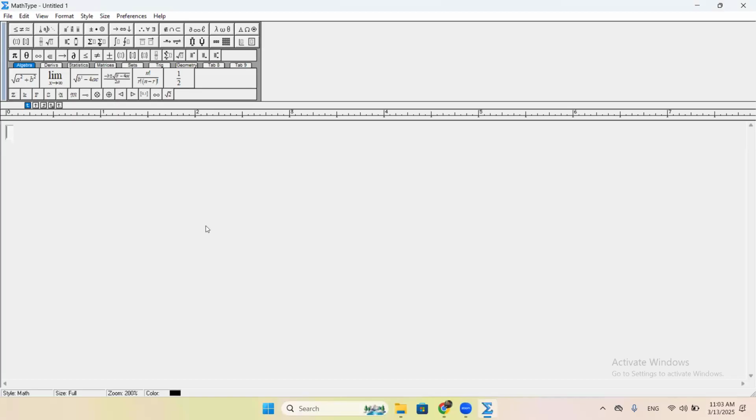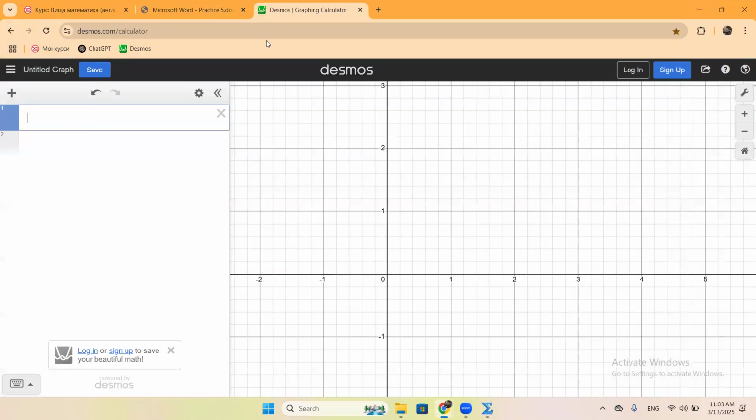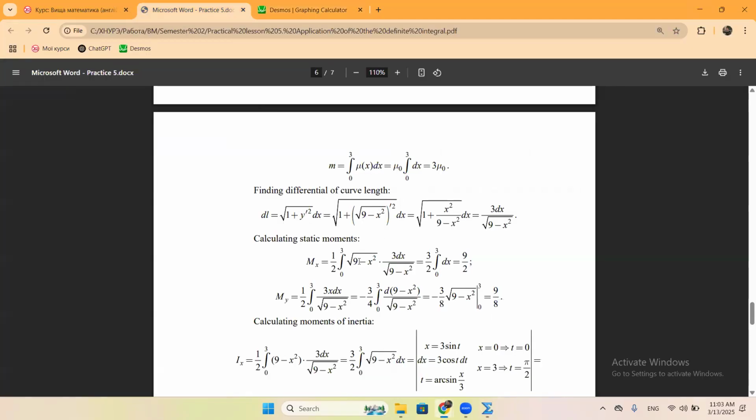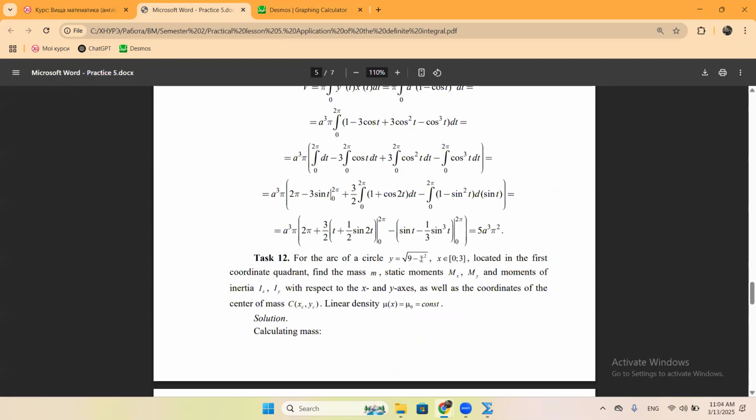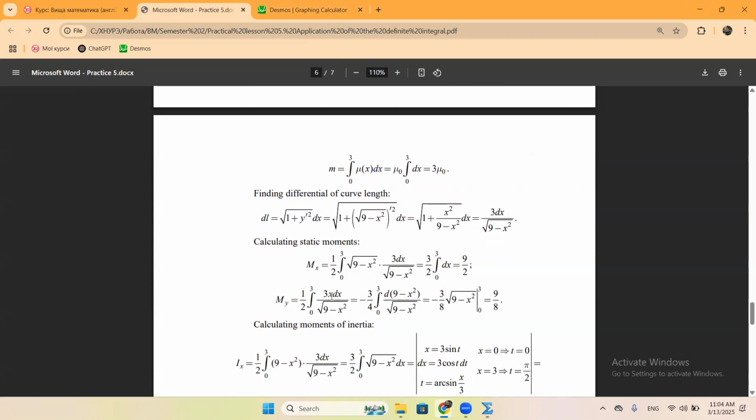So Mx, the moment relative to the x-axis, is calculated by this formula. For y, it is calculated vice versa. So for x we substitute this expression instead of y, so 9 minus x squared. And here we just substitute x.